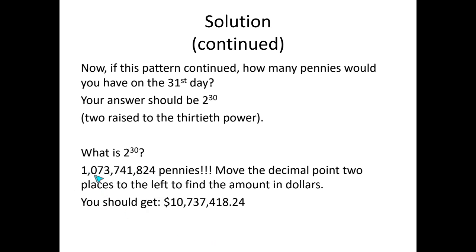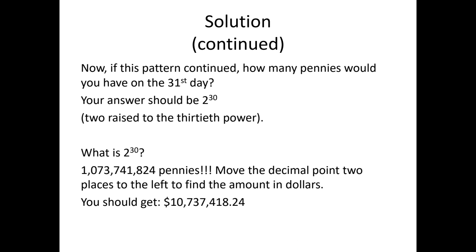But remember, this number here is in pennies, right? So we have 1 billion and some pennies. To find out how much it is in dollars, we would just move our decimal over 2 places. And so if you chose this option, you would end up with $10,737,418 as opposed to the 1 million that you could have gotten from the beginning.